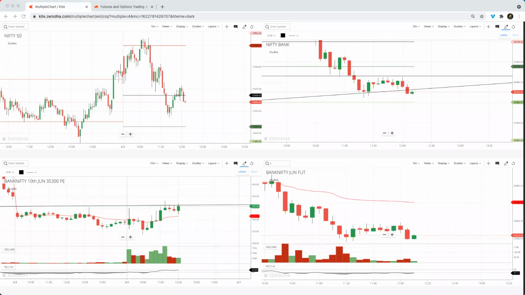Okay, 75 points in fact, to be exact. Now on the spot chart, you would have to take a stop loss of around 50 points. So your stop would be somewhere at 300 in this particular case. Okay, so 300 is where I'm keeping my stop.